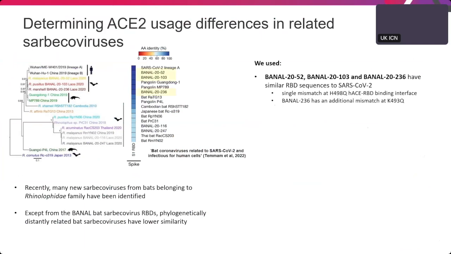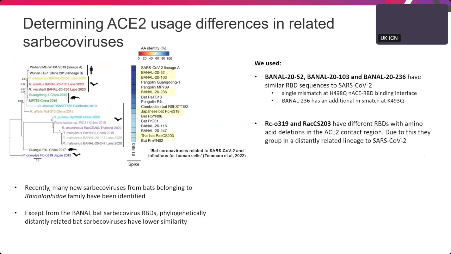They have high similarities with just a single substitution at position 498 and an additional mismatch at 493 only for 236. We also had RCO309 and REXCS203 with medium and low binding due to their unique RBD sequence with high amino acid deletion in their ACE2 contact regions. Additionally, we included WIV1 and RCO309, which are bat sarbecoviruses that have spike proteins that are highly related to SARS-CoV-1 rather than SARS-CoV-2.